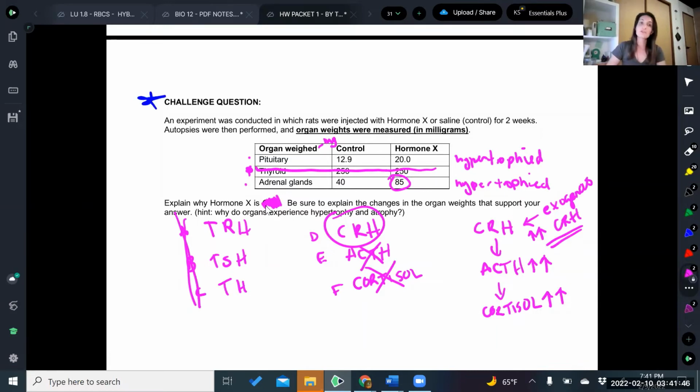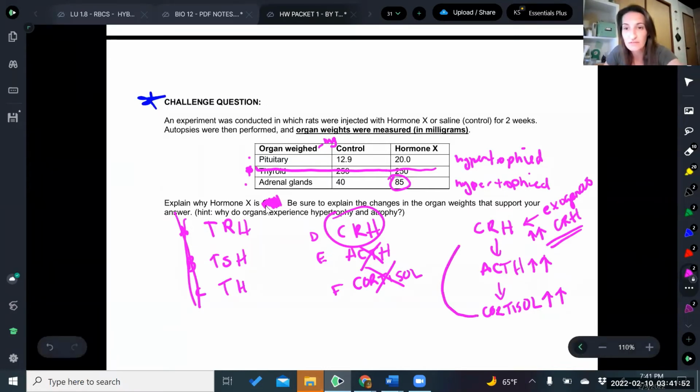But then if we circle back within the endogenous pathway with the high levels of cortisol in circulation, we have inhibition of those hypothalamic cells. Right? Those receptors are overpopulated with cortisol, and those neuroendocrine cells in the hypothalamus that produce and release CRH are inhibited.